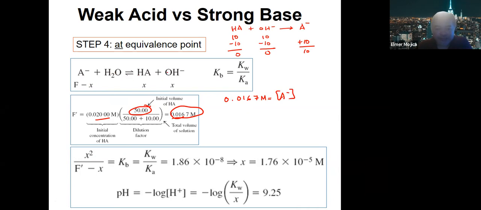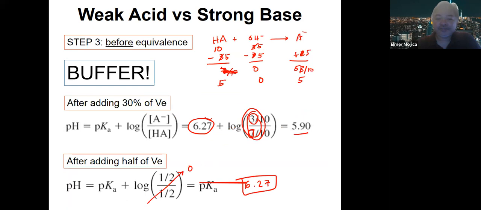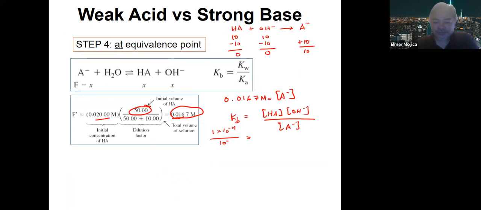So if you're going to look at the relationship here, this is Kb equals HA times OH minus over A minus. And what's the Kb that we have here? We need to get it from the given Ka. So 1 times 10 to the negative 14 divided by 10 raised to the negative pKa, which is 6.27.